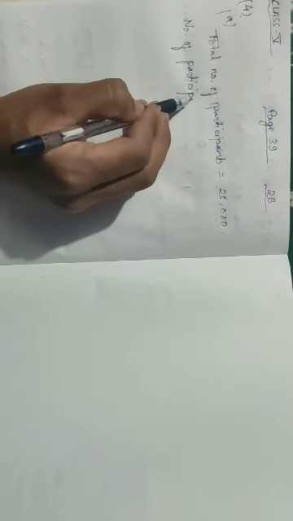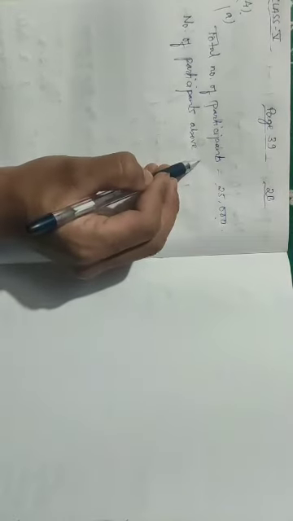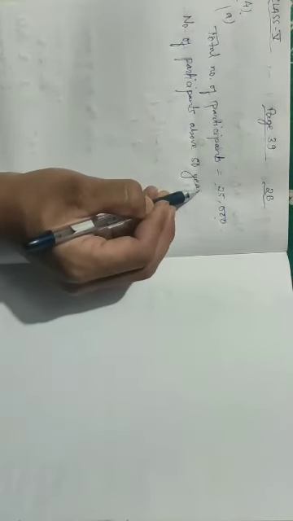For example, 51 years, 52 years, 53 years. So we have to find the number of participants above 50 years of age.